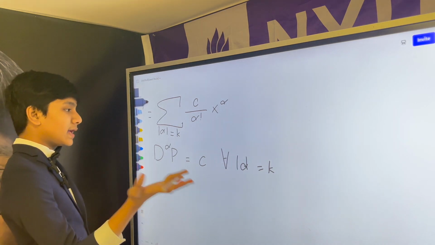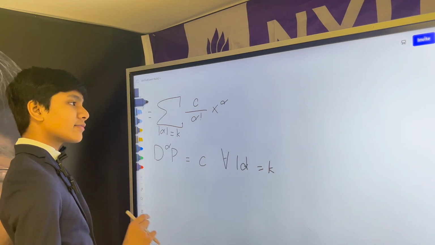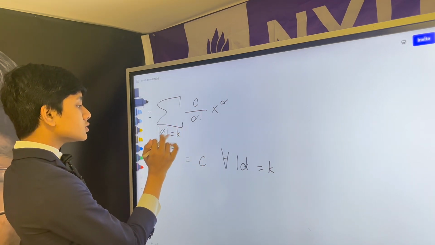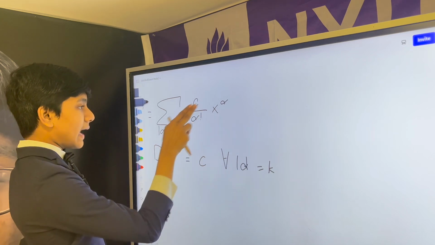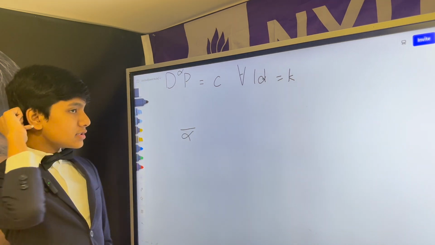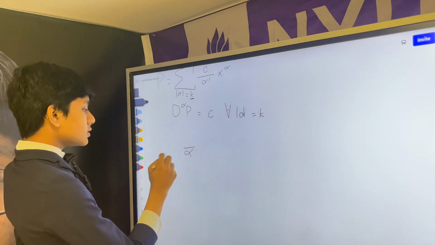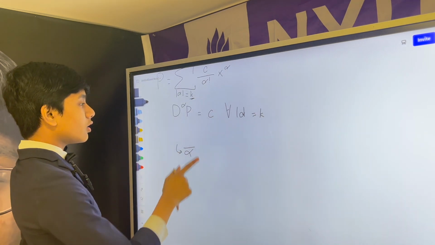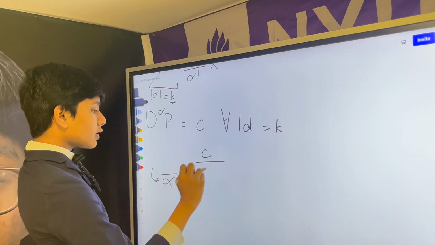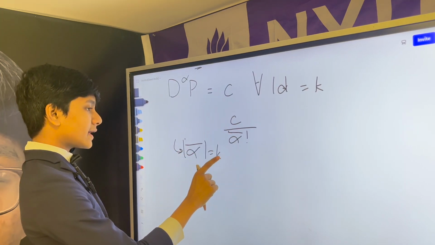So this is what we're up against. How do we do this? Well, first we have to understand what the problem is saying. We're summing up all tuples with the same length that act like this. So let's say we have a specific tuple, alpha overline. One of the terms is going to look like this, since this is one of the tuples with length k.